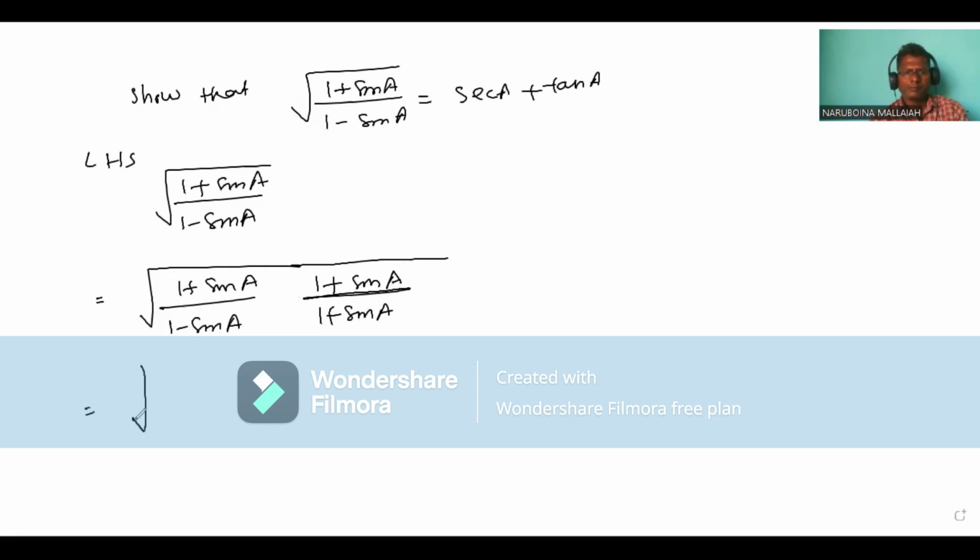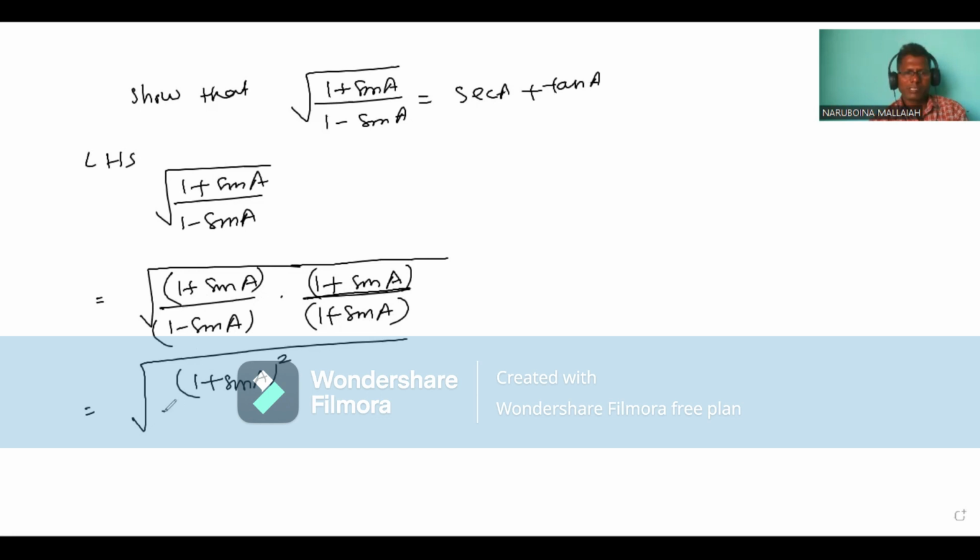After that, see, in the numerator 1 plus sin A, here also 1 plus sin A, with a multiplication symbol, so you can write (1 plus sin A) whole square, because 1 plus sin A is present 2 times. Then here 1 minus sin A into 1 plus sin A is in the form of (A minus B) into (A plus B), so it is equal to A square minus B square.